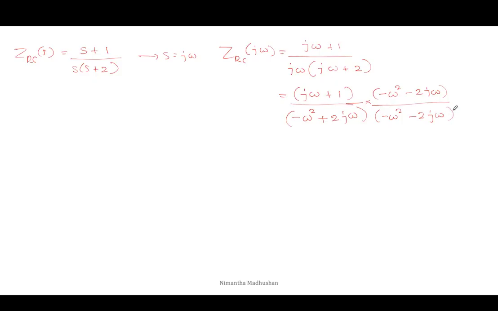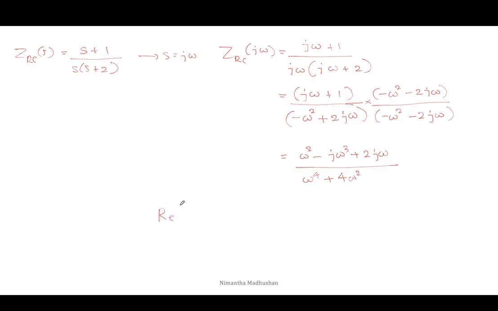From that, we can obtain omega squared minus j omega to the power 3 plus 2j omega over omega to the power 4 plus 4 omega square.